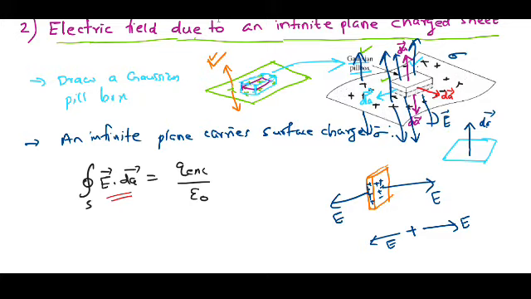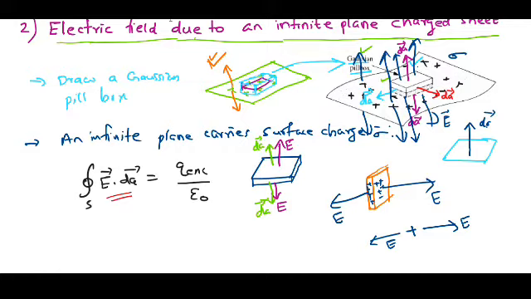If I draw that picture separately, this is our box. The electric field is going in this direction and also through the bottom surface. The area vector of the upper surface is along the same direction as that of the electric field, and also on the bottom surface the area vector is along the same direction as the electric field.